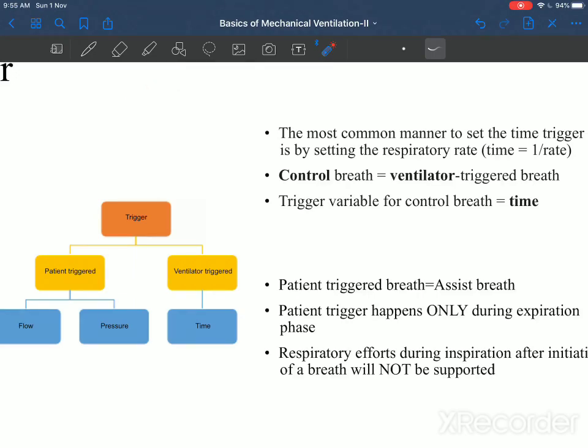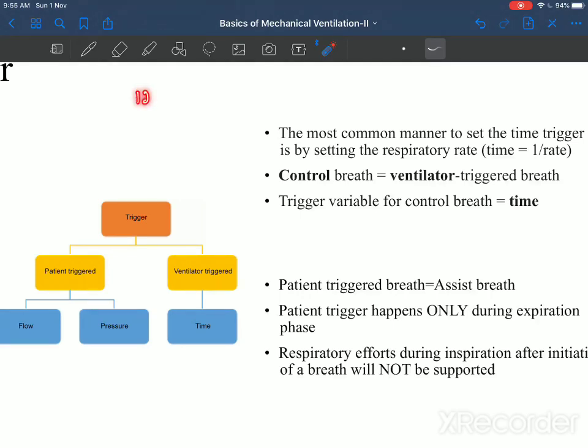So if the patient is unable to take a breath, then you have to completely depend on the ventilator to start an inspiration. How do you make a ventilator give a breath? You tell the ventilator, boss, if the patient is not taking a breath for X amount of time, you trigger a breath. So it is basically time dependent. If you set time, it becomes a ventilator triggered breath.